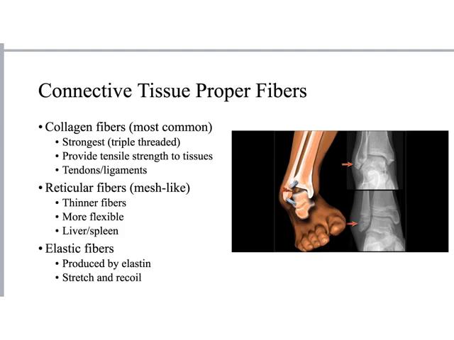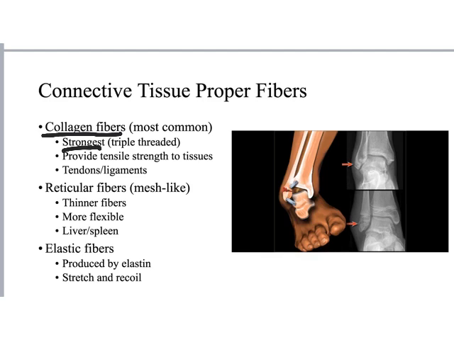Well, probably the most important one, if you don't remember any of the others, and you should remember the others, but if you can only remember one, you should remember collagen fibers. These are the most abundant, the most common fibers found in connective tissue proper. They're also the strongest, and they're strong because they're triple threaded, meaning they are three strands of protein fibers wound together.